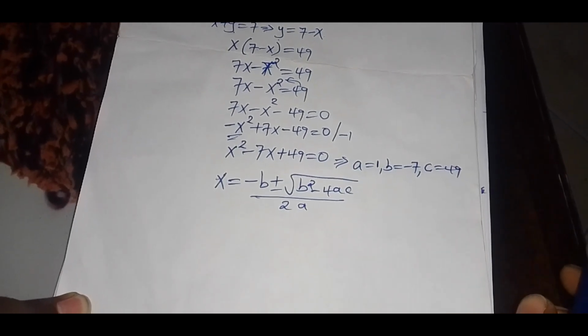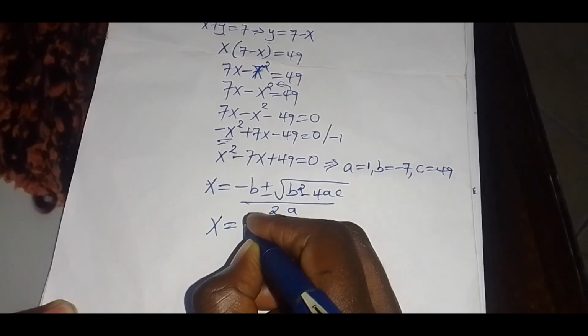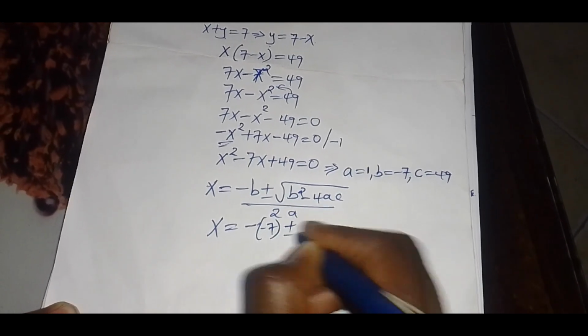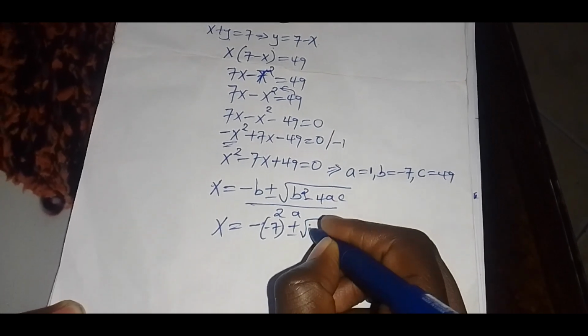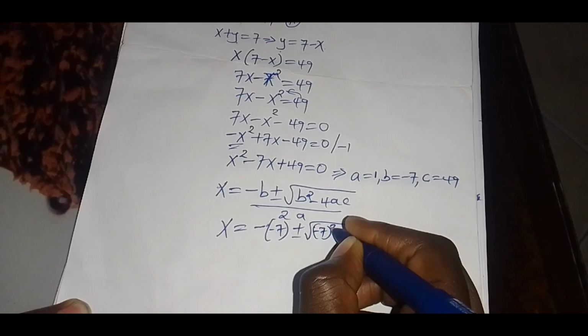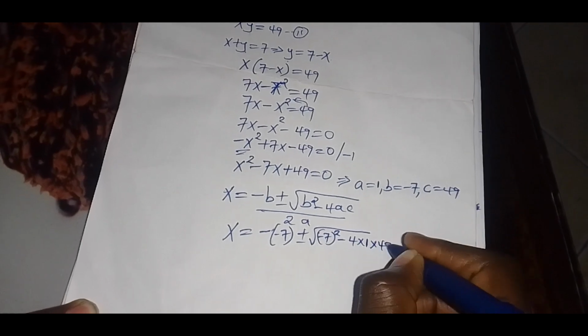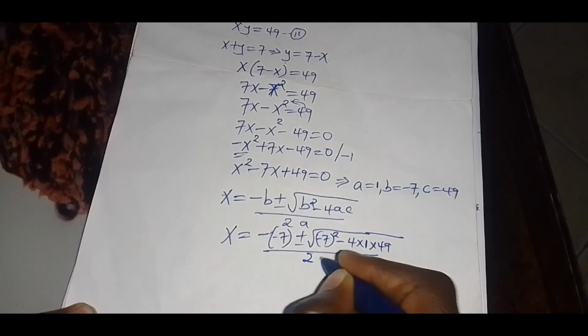So we substitute. We'll have x is equal to minus minus 7 plus or minus the square root of minus 7 squared minus 4 times 1 times 49, divided by 2 times 1.